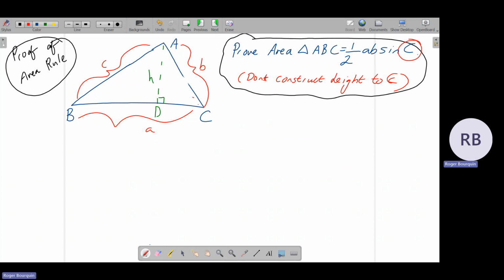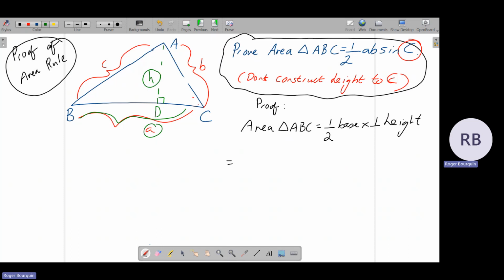Okay, and you're always going to start off by simply using the area rule that you know from primary school. This is the actual proof. The area of triangle ABC is equal to a half base times perpendicular height. In this particular case, H is my perpendicular height, and the base that goes with it is a.